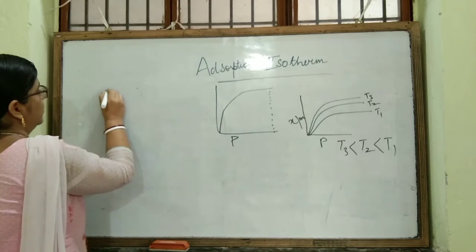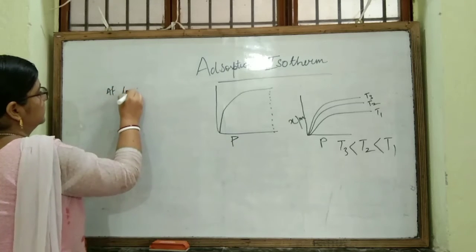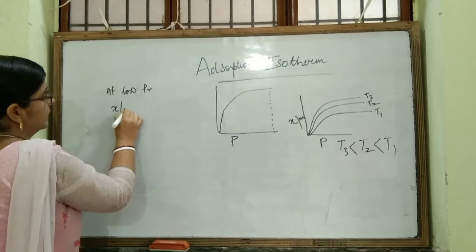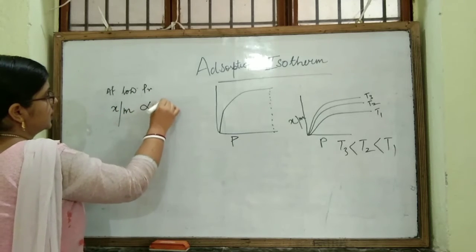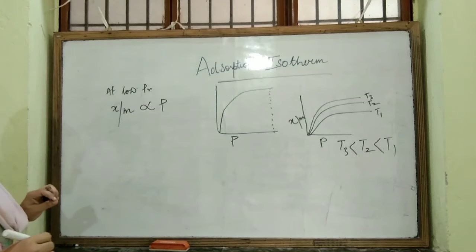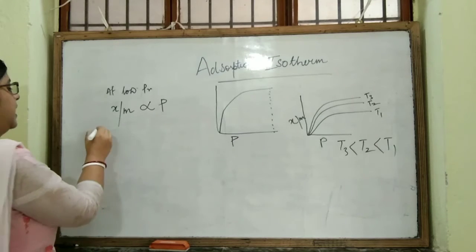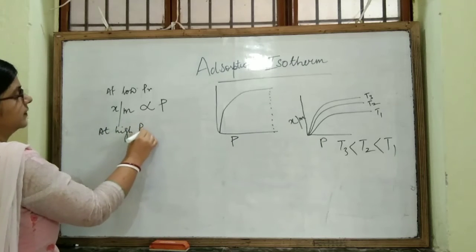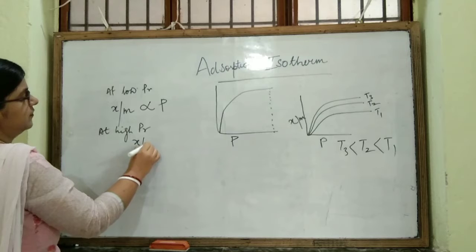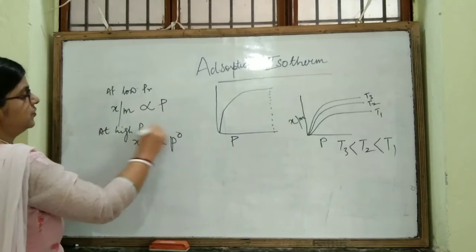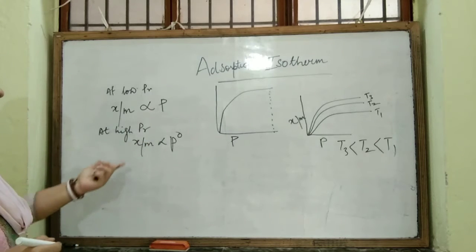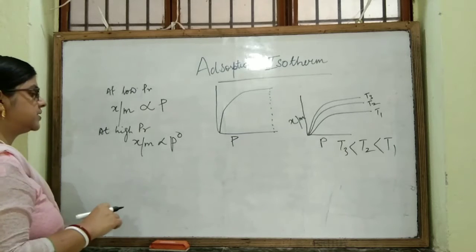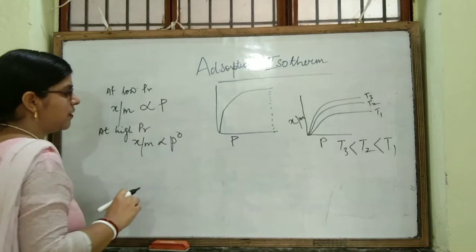In the beginning, at low pressure, x by m is directly proportional to P. And at high pressure, x by m is directly proportional to P to the power 0, meaning x by m is constant. Pressure is not affecting it, so we can write P to the power 0.